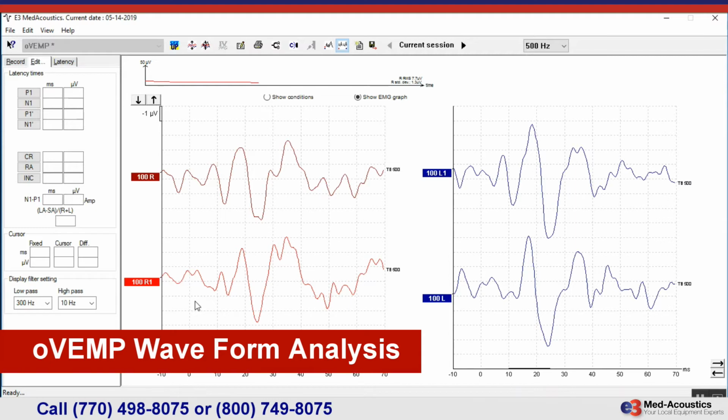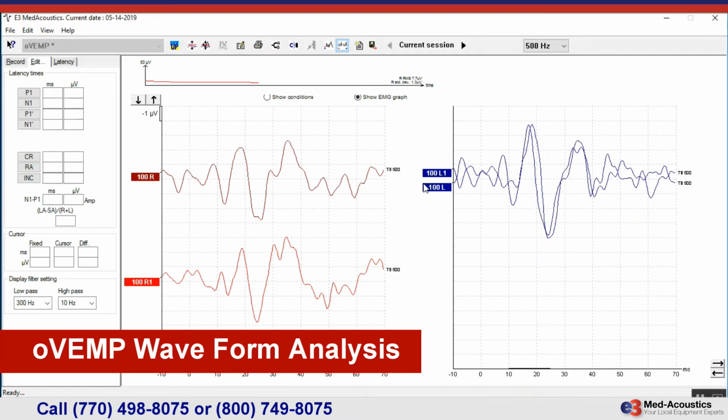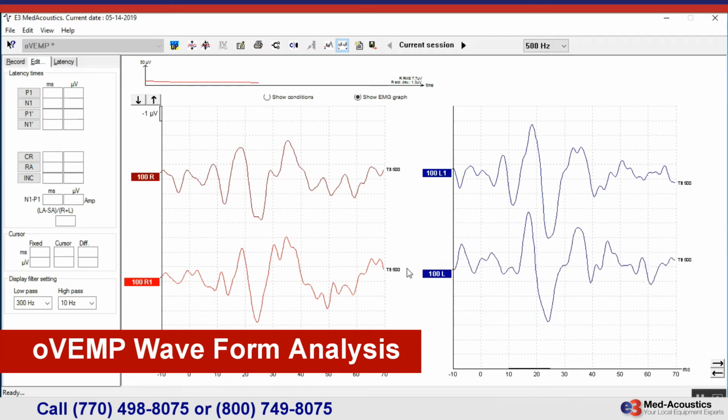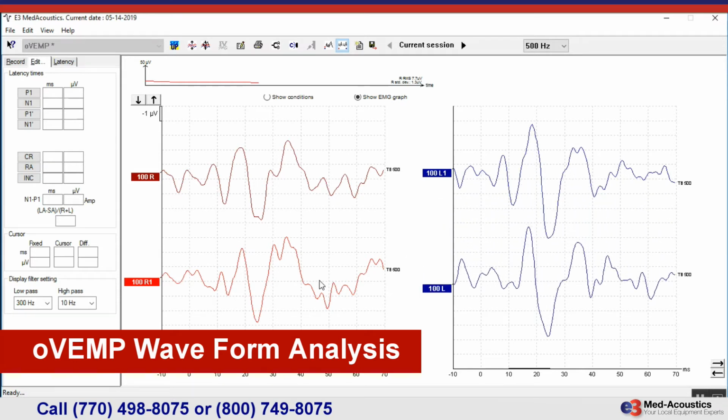This ensures me that the patient used the same amount of effort. In the case of a VEMP, the only effort is looking up, but they certainly have to do that correctly and consistently during the test. And since there is no appreciable difference between these, I can select the two that I'd like. In this case, I'm going to use the lower two, and I can mark them.